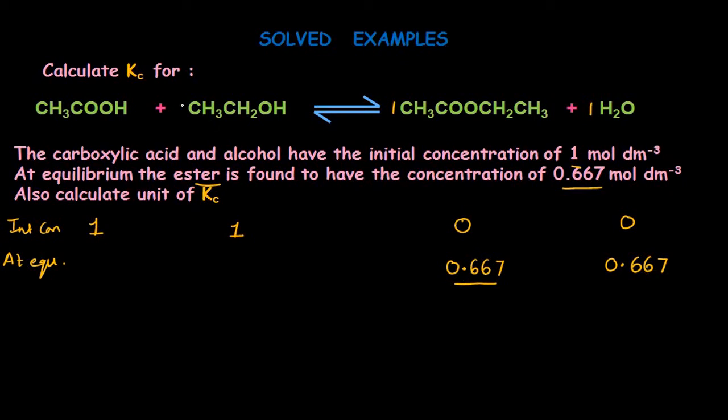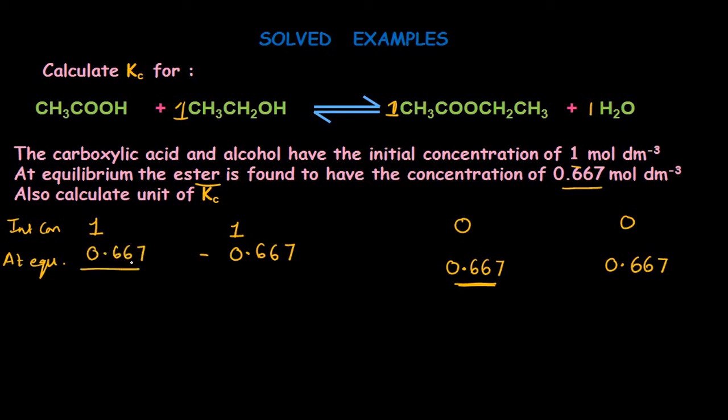Now if we look at the reaction, again the mole ratio of the reactants and products is 1:1. So that shows that if this amount of product is formed, then the same amount is used up from the reactant side. So we are subtracting the same value from the reactant side.